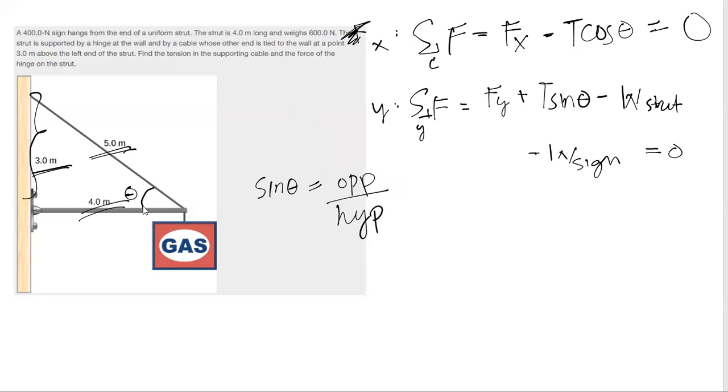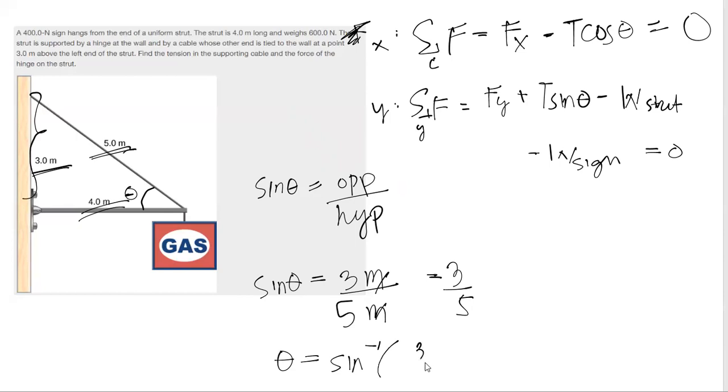The side opposite to the angle is 3 meters, while the hypotenuse is 5 meters. The units cancel, so 3 over 5. We can determine the angle by taking the sine inverse of this value. If we input this to the calculator, we should get an angle of 36.87 degrees. Let's note that angle because we'll need it later.